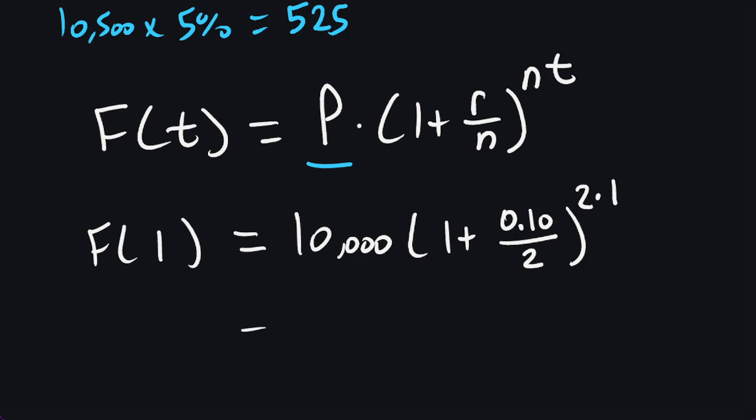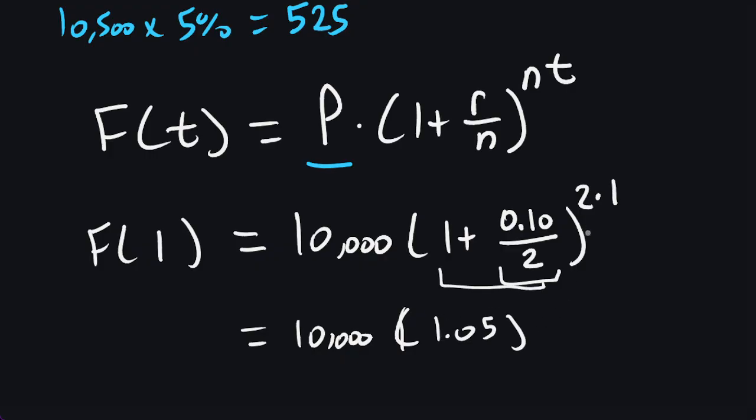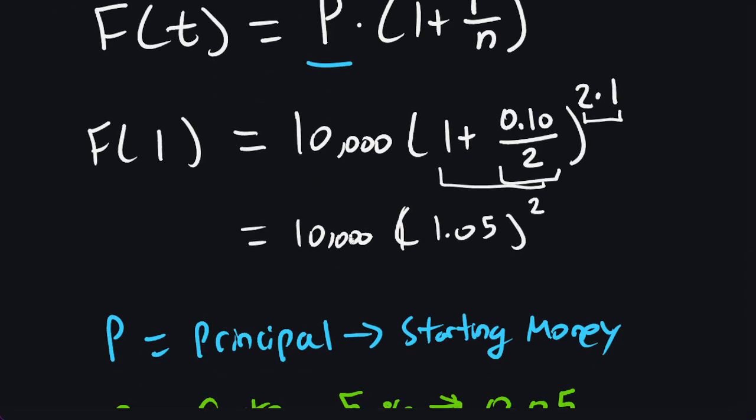And if you go ahead and evaluate this, so 10,000, and this one first, what's 0.10 divided by 2? It's 0.05, and 0.05 plus 1 is 1.05. And 1.05 to the power of 2 times 1, which is 2. Let me just drop that in the calculator real quick.